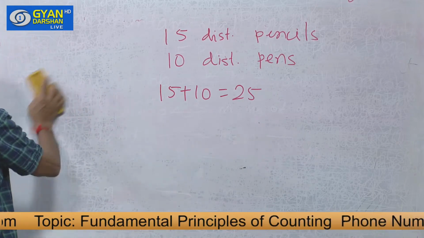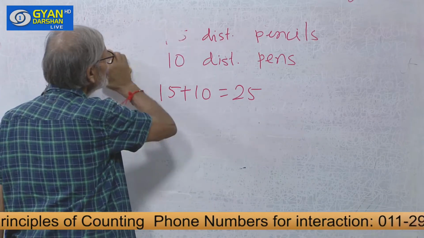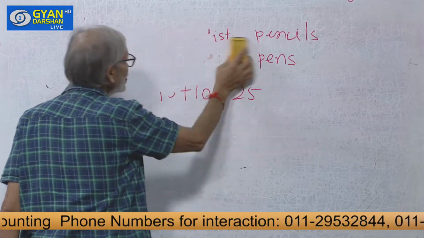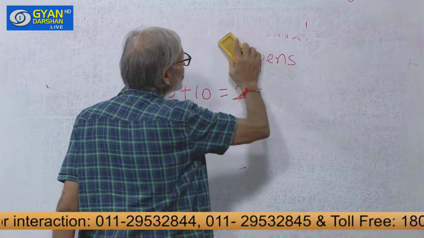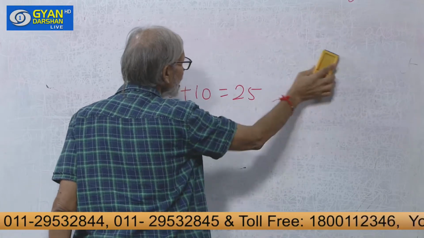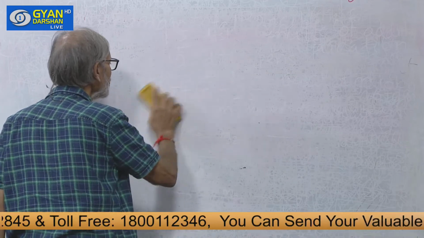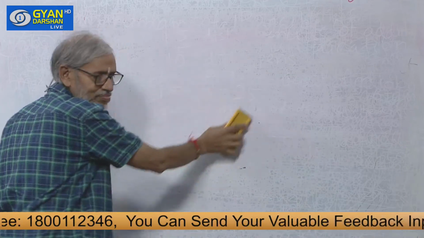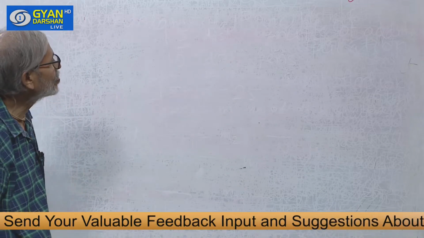But you can see that in choosing there is a huge difference. There you had 150 options when you choose one pencil and one pen, and here it was only 25 options. So, it is difficult to comprehend.